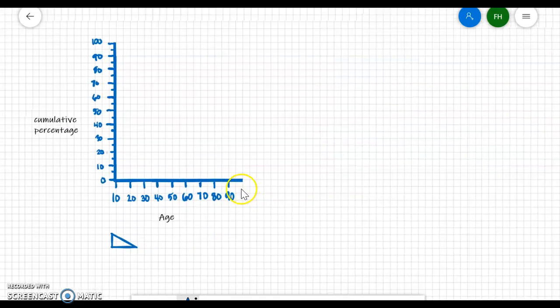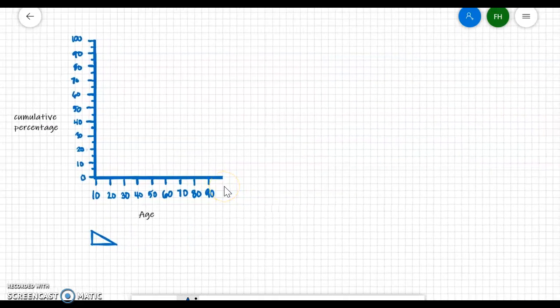I've already got my graph here, and for an Ogive, basically what it does is graph the upper limit for each of your classes and the cumulative frequency percentage. So for this particular problem, I'm going to write my classes down.